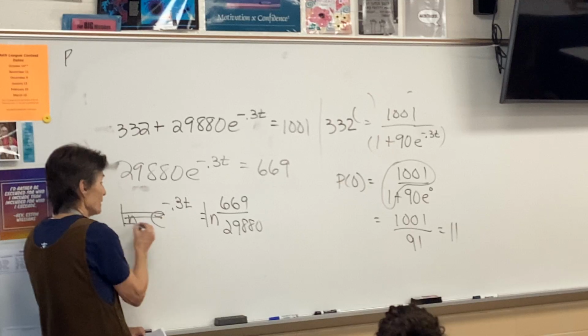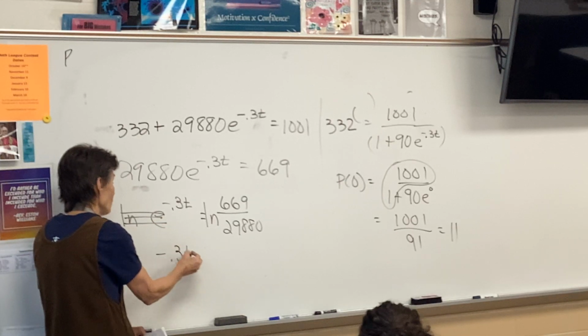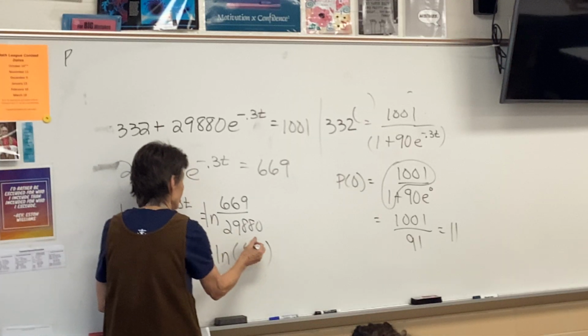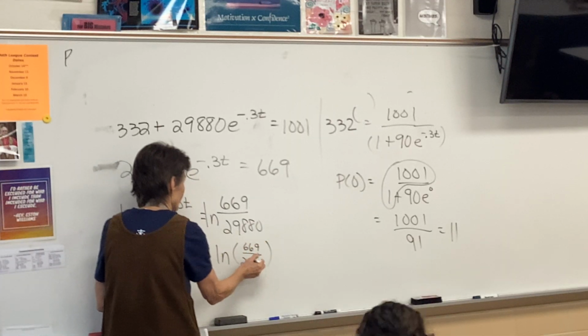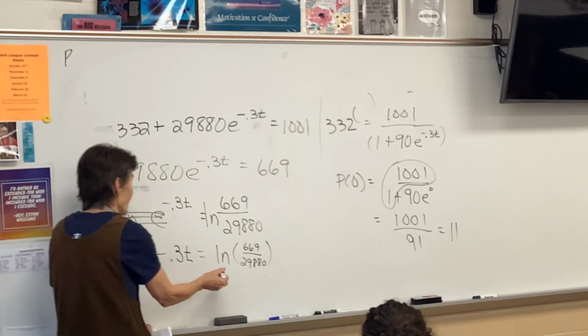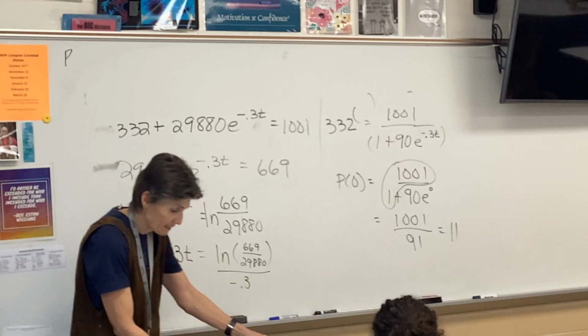This will disappear. So negative 0.3t equals ln of this fraction. And then divide by negative 0.3. How does that look? Does that look okay to everybody?